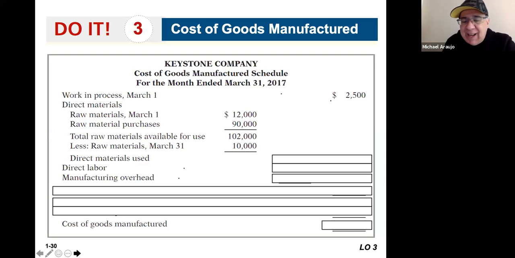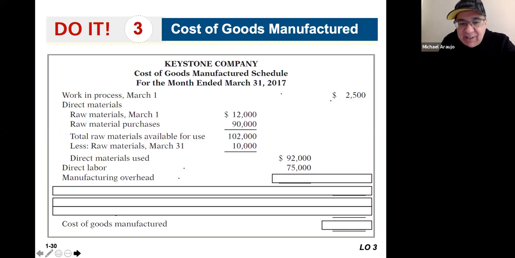Once we subtract out the end of the month's raw materials for March 31st of $10,000, we'll see that we've used $92,000 of raw materials in the month of March. Okay, so there's some calculation that we have to do that looks exactly like the schedule you just looked over. We add to that the direct labor costs, which are given to us. And we have to calculate the manufacturing overhead, okay?